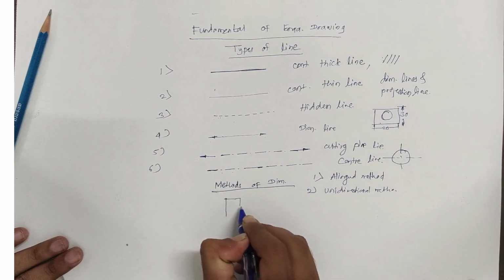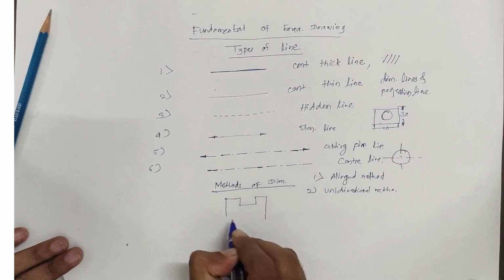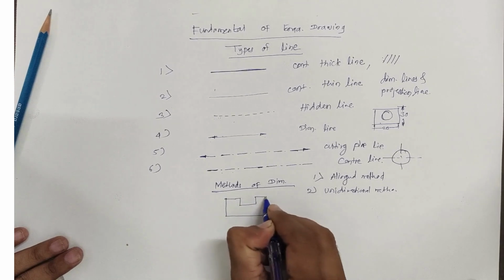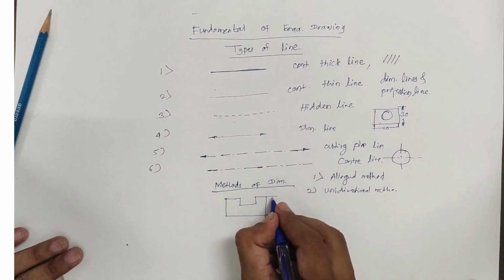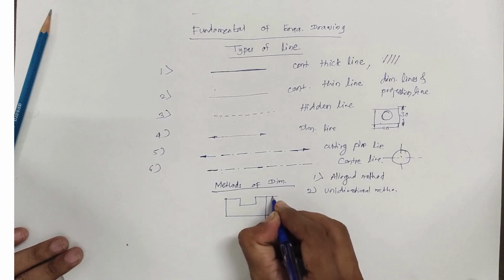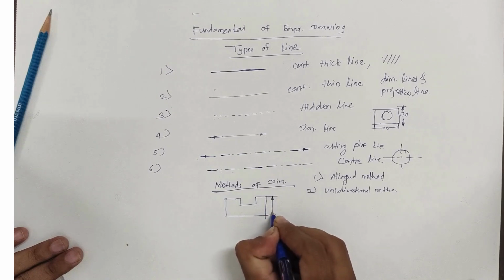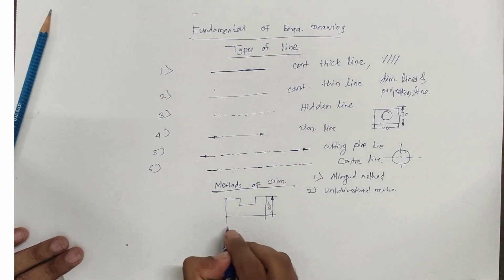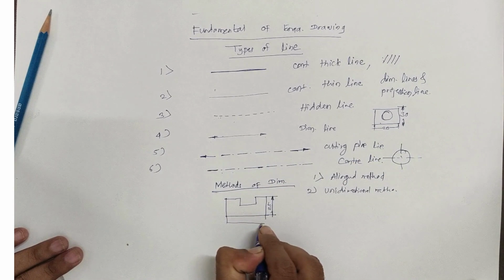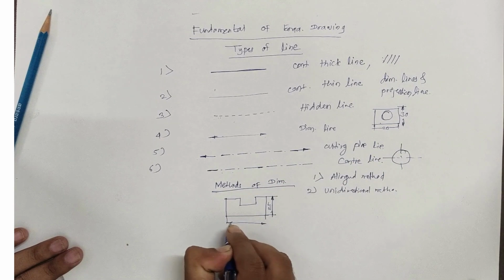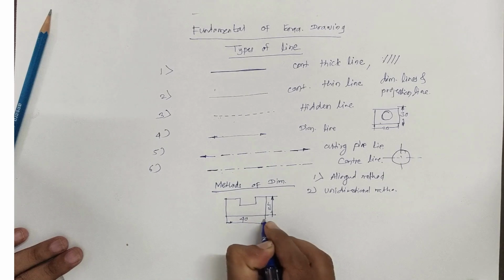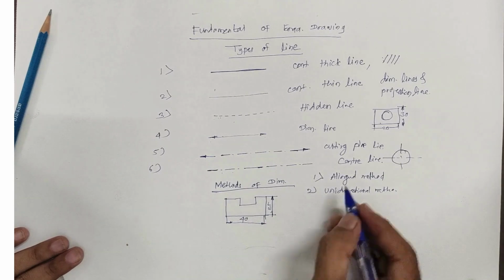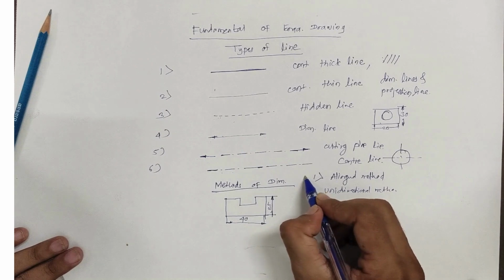Suppose this is a simple object over here. If I draw like this, this distance is suppose 25, and this distance is suppose 40. So this method is called the aligned method.